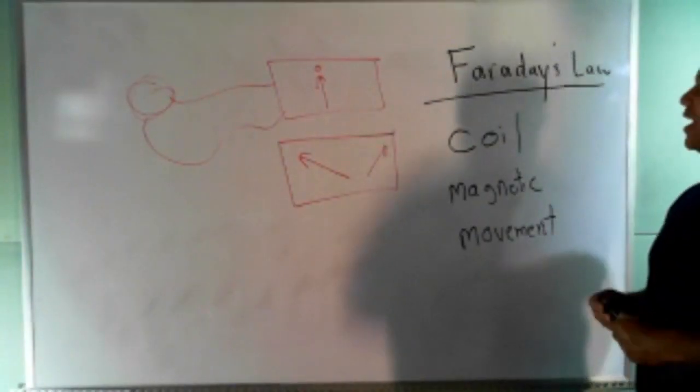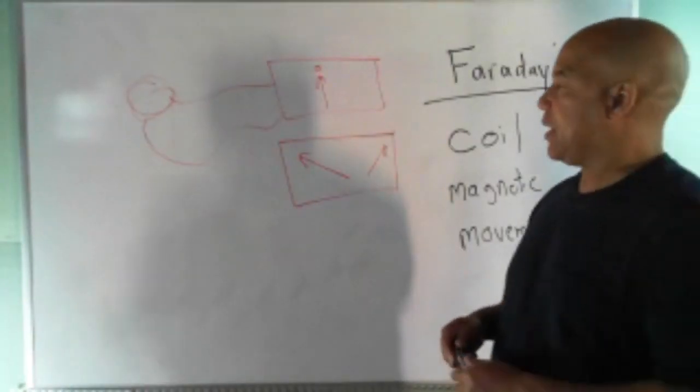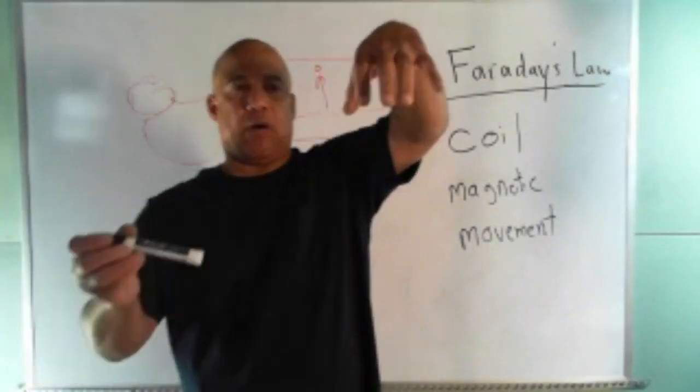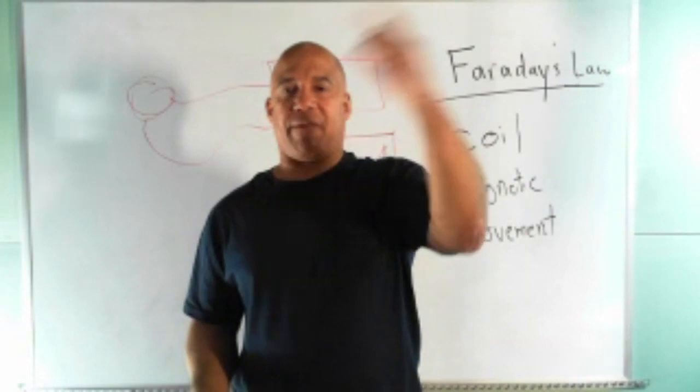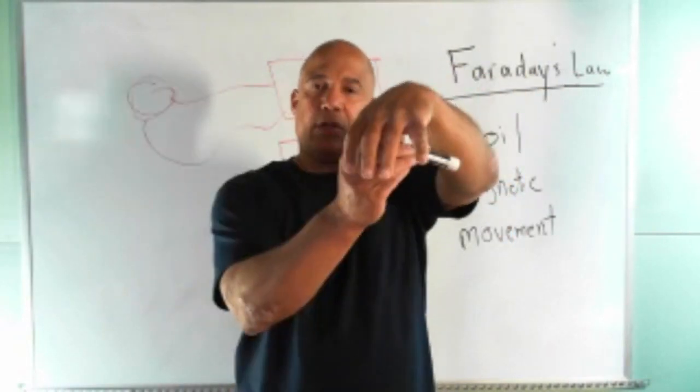If you have that, you create a voltage. We call it an induced voltage. So I can take a coil and a magnet and create energy that flows back and forth depending on which way the magnet goes through the loop.